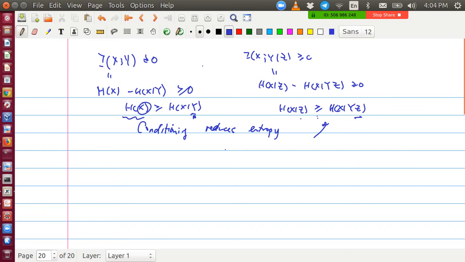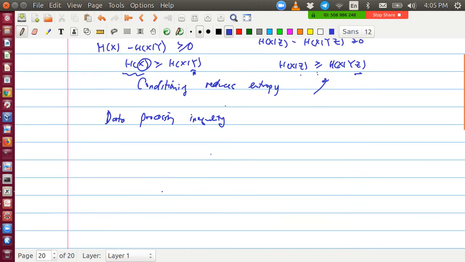Yes, and let's talk about another inequality. It's known as the data processing inequality. For this inequality, we need an assumption.